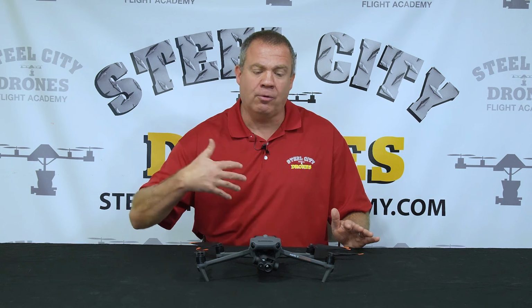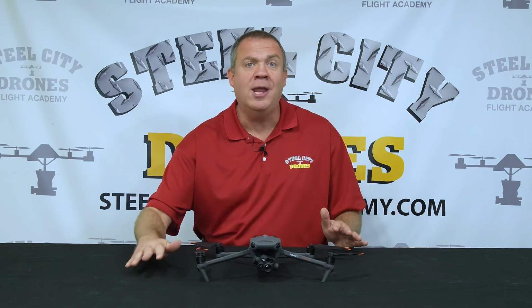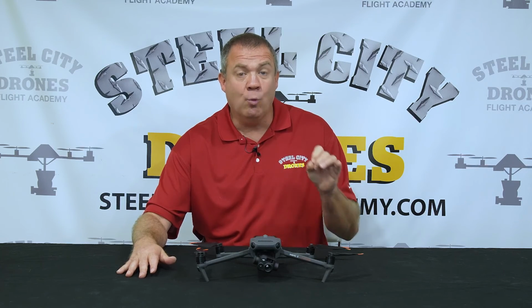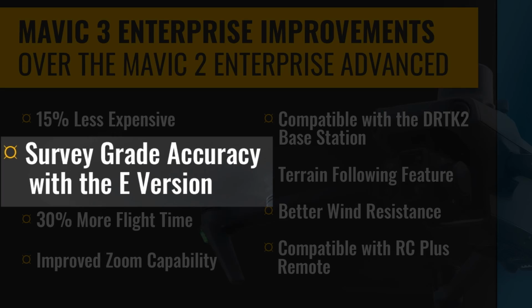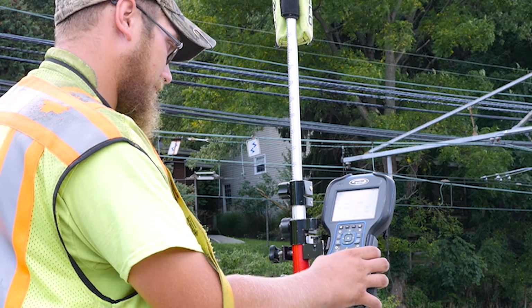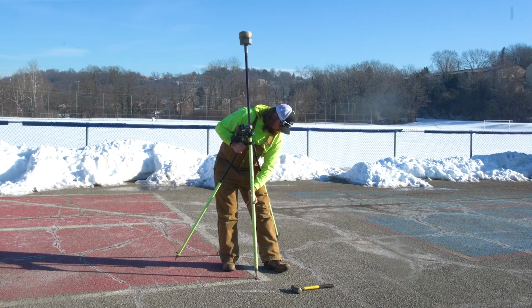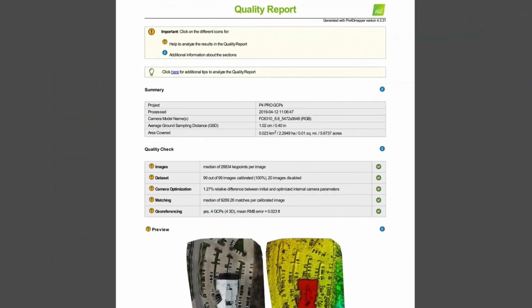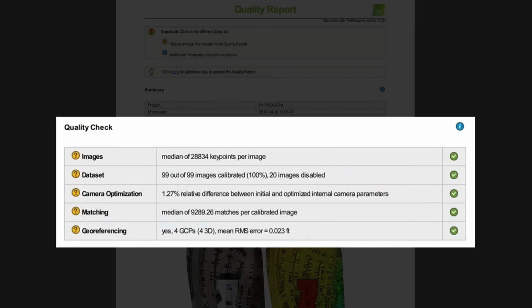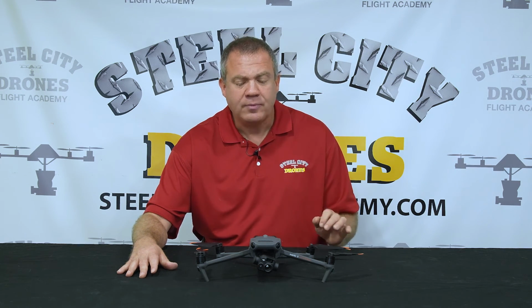Another big improvement now is, for the first time, the Mavic 3 with the E version is now really equipped to do high quality survey jobs, where we can get down very easily to 1/10 of a foot of accuracy. And they're able to do that because of the camera package that they put together.